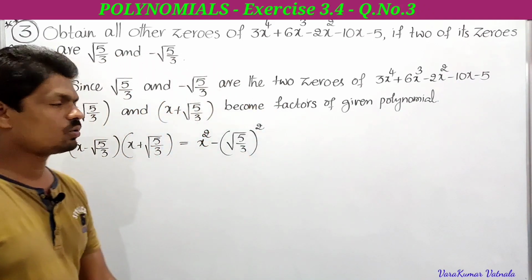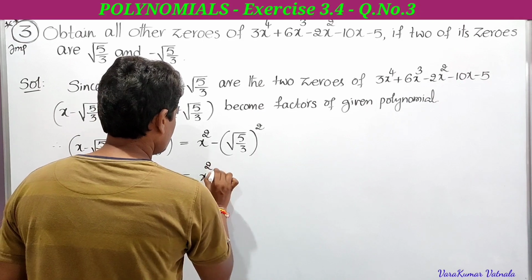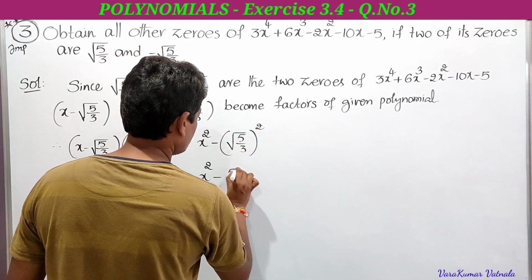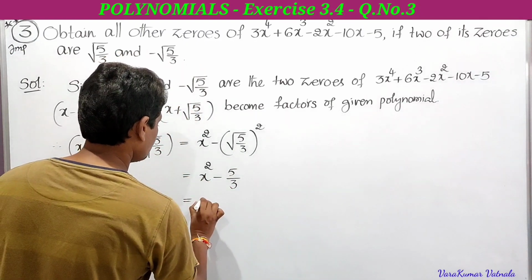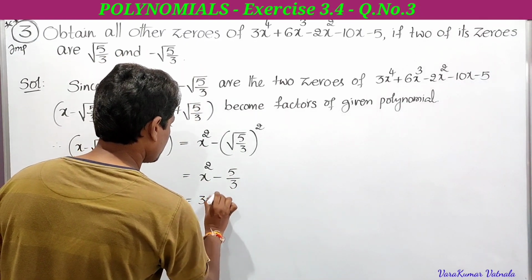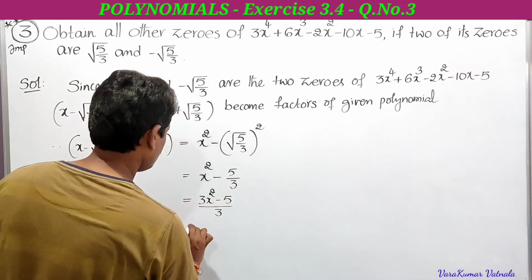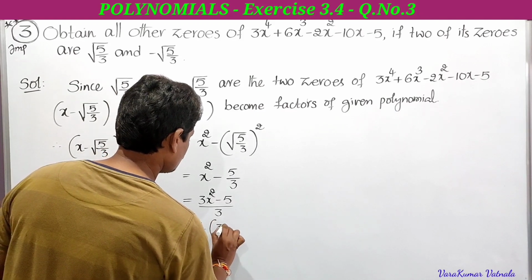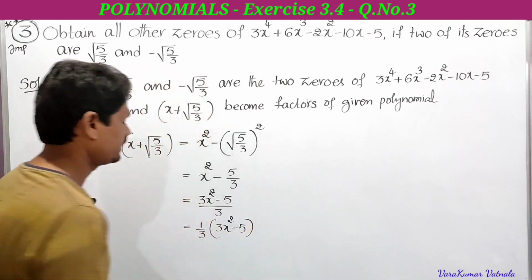The square root cancels the square, so it becomes x square minus 5 by 3. By finding the LCM we get 3x square minus 5 divided by 3, so it can be written as 1 by 3 into 3x square minus 5.